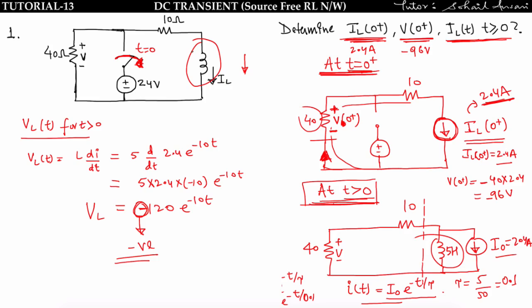Initially when it was charging, the polarity of voltage was plus to minus, but when it delivers the energy to the resistor, the polarity of this inductor will be from minus to plus, because this inductor will behave like an active element. So voltage across the inductor will be negative. Got it? If you want to understand this, then refer to my previous lecture. You will understand why the voltage across the inductor is negative.